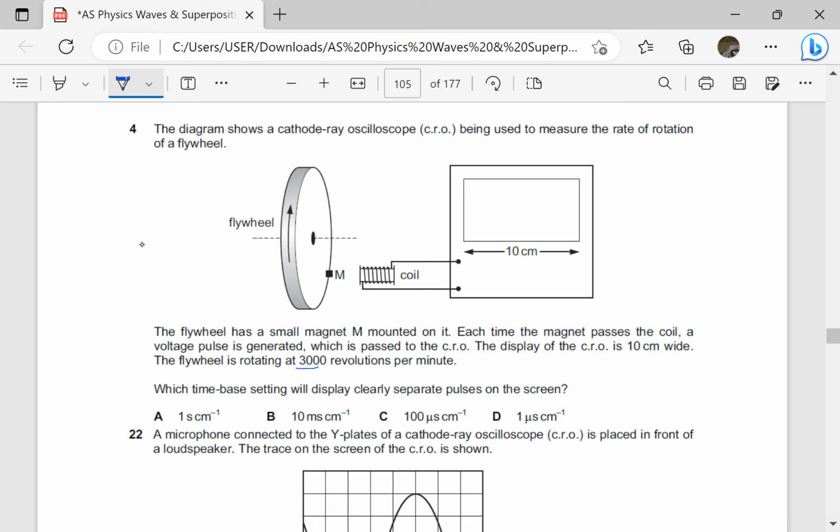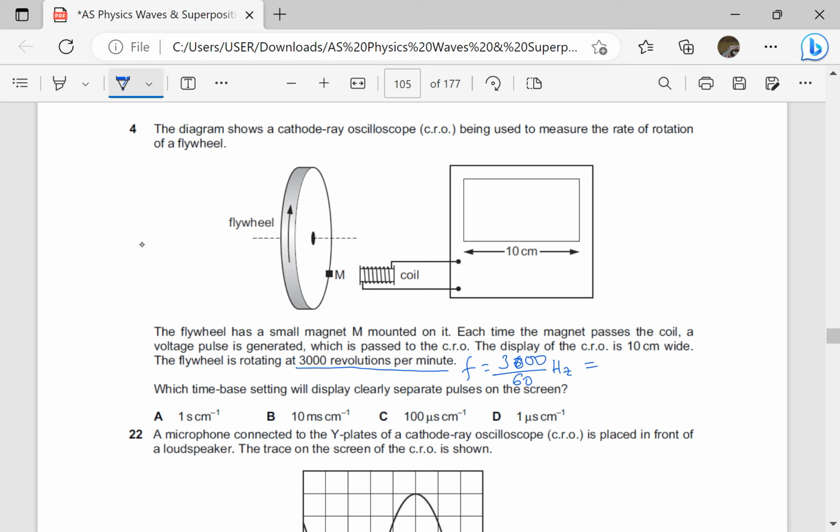So this one is going to help us to find the period. Number of revolutions per unit time is going to be the frequency. Let's use it to find the period. So frequency is going to be 300 divided by 1 minute, which is 60 seconds. So now this is the frequency in hertz.